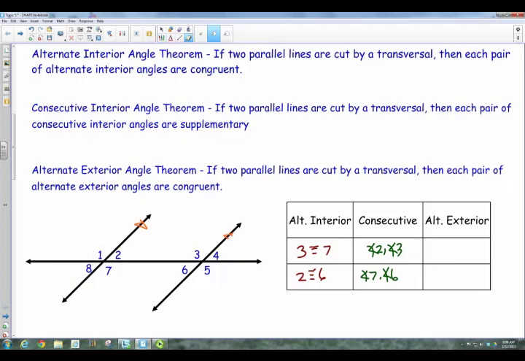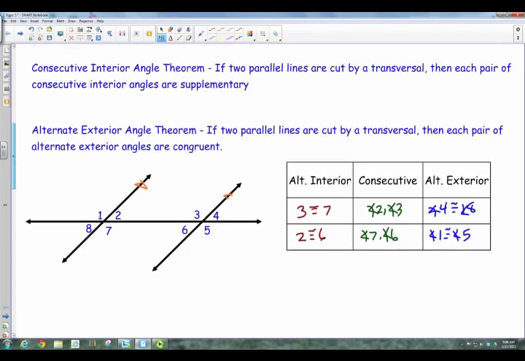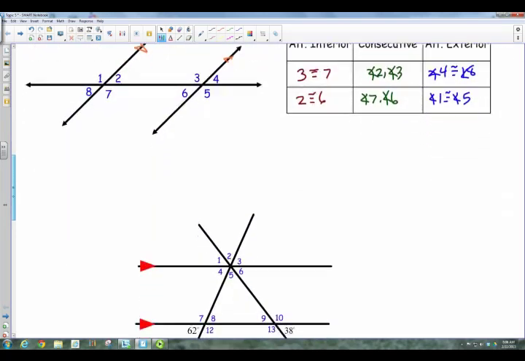So for angle 4, across the transversal on the exterior would be angle 8. Then you have angle 1, which is on the exterior. Crossing the transversal on the other side would be angle 5, and those are your alternate exteriors. So alternate interior and alternate exterior are congruent. Consecutive interior add up to 180.